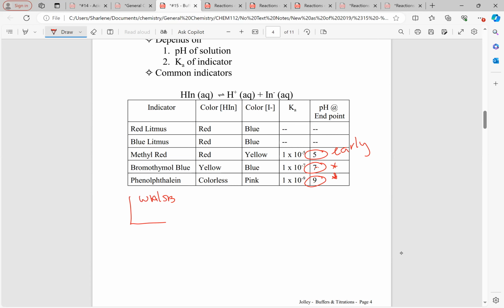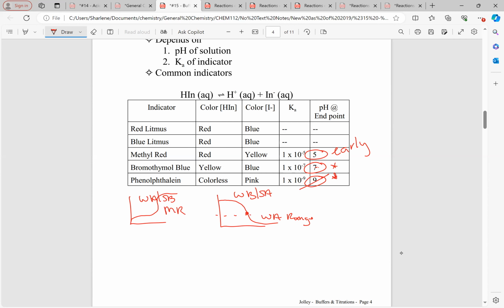So for my weak acid, strong base, I could use bromothymol blue or phenolphthalein. Well, what about my weak base, strong acid? Okay, that one's clear up here. All right, it's turning down here in the acid range. So I don't want to use phenolphthalein. The bromothymol blue is questionable.